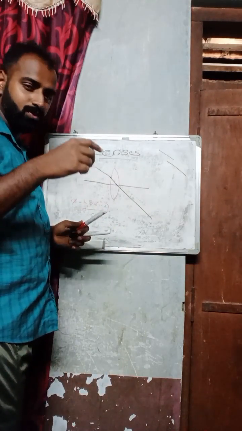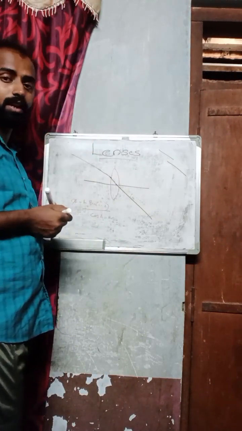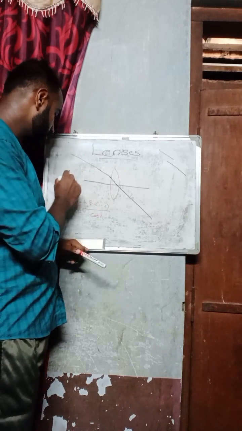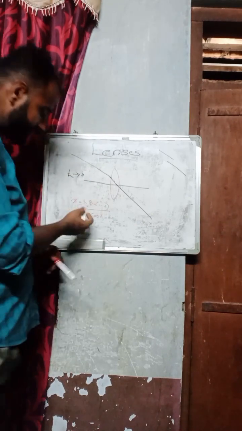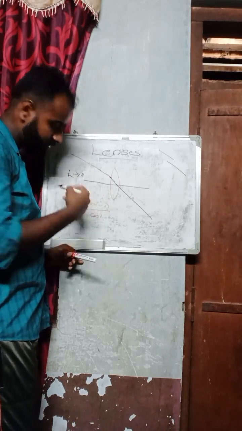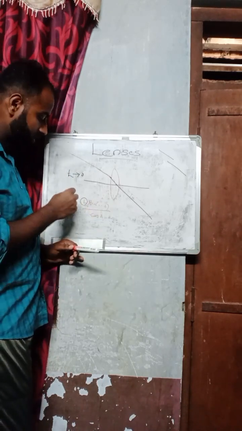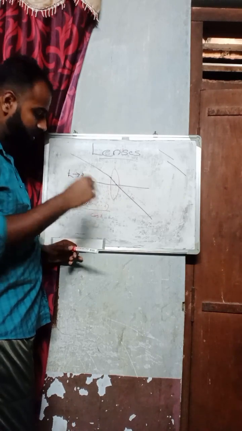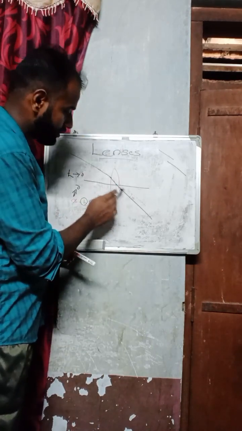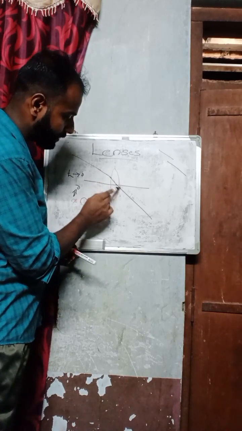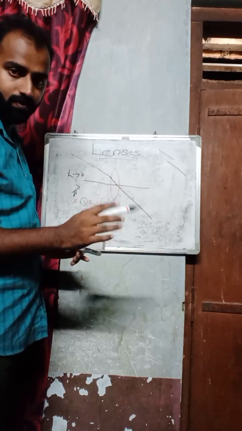So, for a thin lens, the thickness tends to 0. See the equation. Thickness tends to 0, so obviously x will also tend to 0. That is, these two rays are exactly parallel.